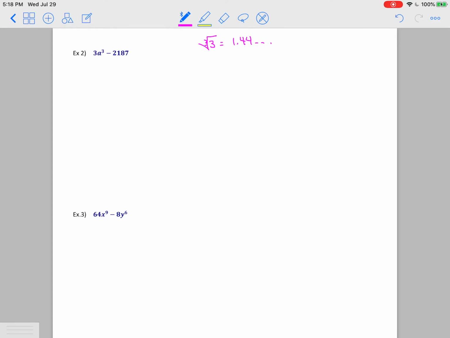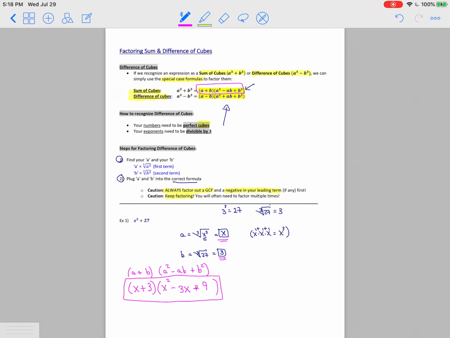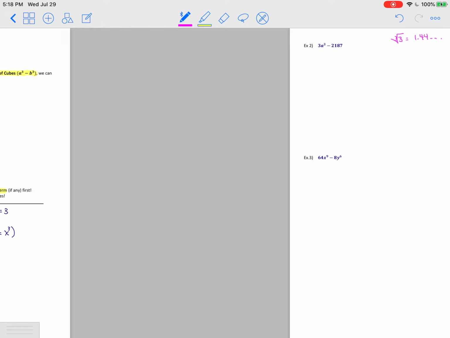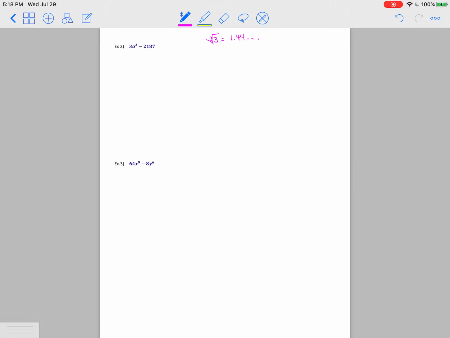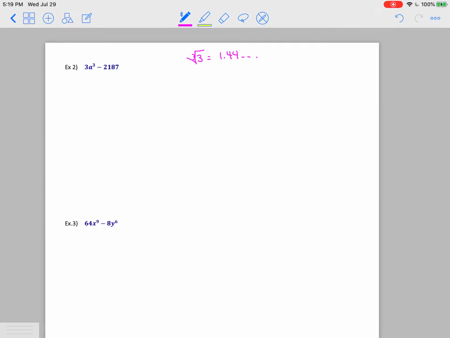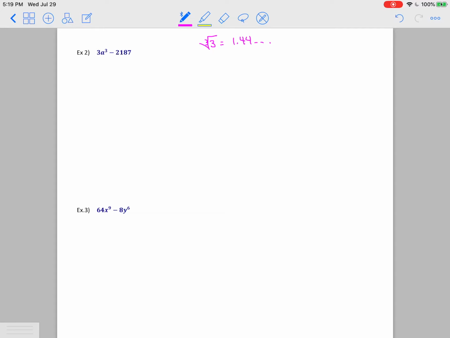So we need to start looking at some options. Remember the caution up here. I'm going to go back for a minute. Remember the things we really need to be aware of and cautious about. First of all, see if there's a GCF that we can pull out. See if there's a negative. We don't have that in our example here, and we're going to try to keep factoring if we need to. So let's go back here, and let's see if we are able to get rid of this 3.